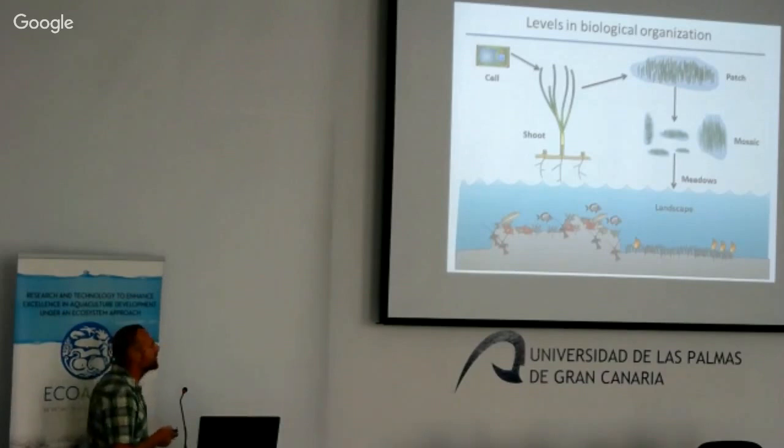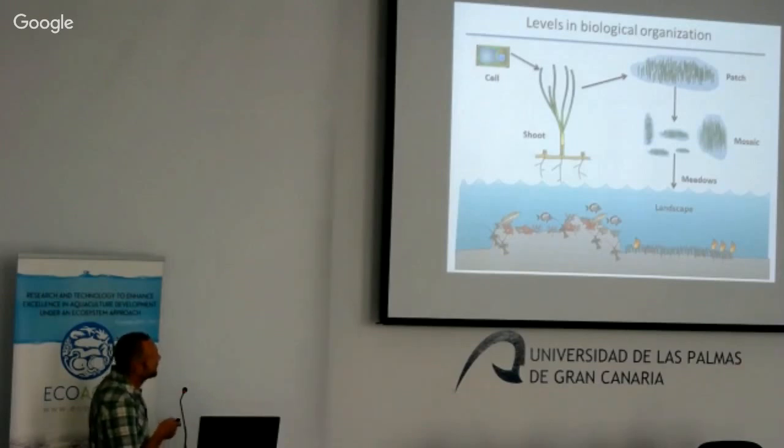It's very important to realize that when we tackle any study, we can approach the problem according to different levels of organization. So, for example, in our case study, we know that cells form tissues, and tissues form the basic functional unit of seagrass meadows, which are the seagrass shoots.